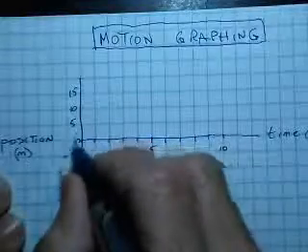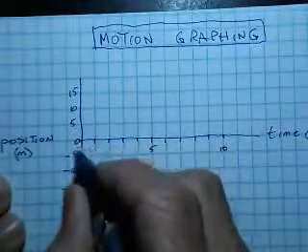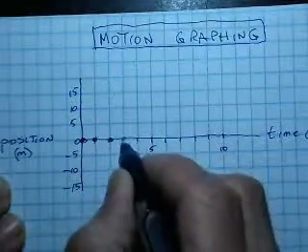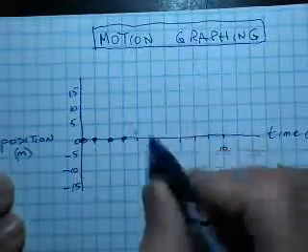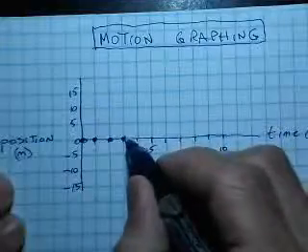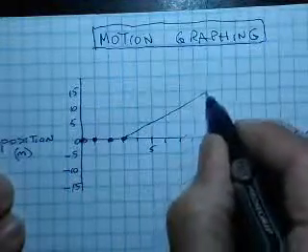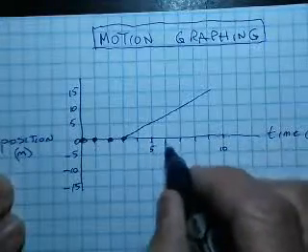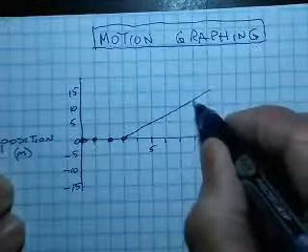So maybe I stay right where I am to begin with, right at 0. And I hang out there for 3 seconds. And then I start to move like this, to here.